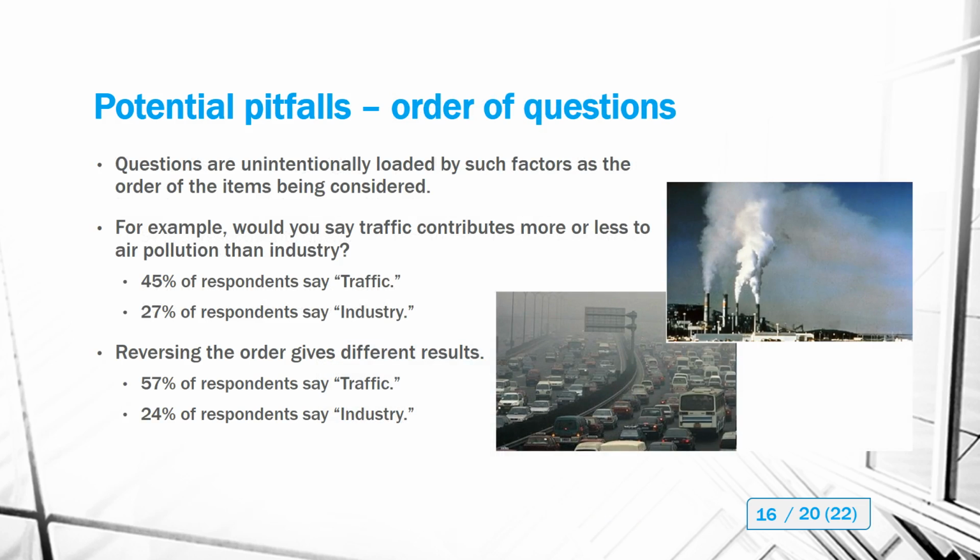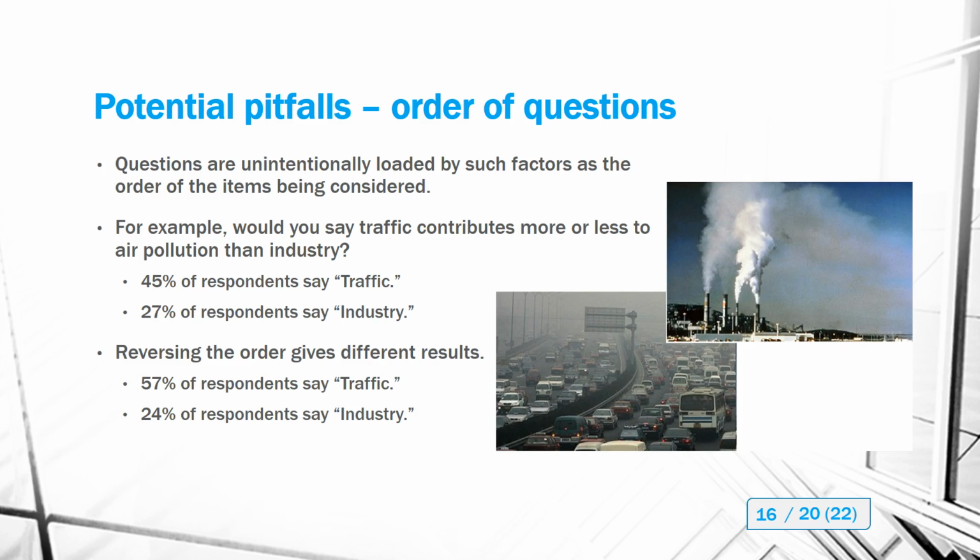The order of questions is also important in a survey. For example, if I were to ask the question, would you say traffic contributes more or less to air pollution than industry? You can see the results here on the screen. 45% say traffic, 27% say industry. But if I reverse the order of the items in the question and ask instead, would you say industry contributes more or less to air pollution than traffic?